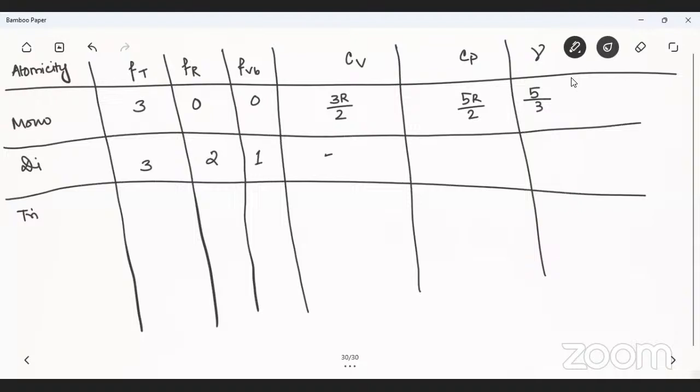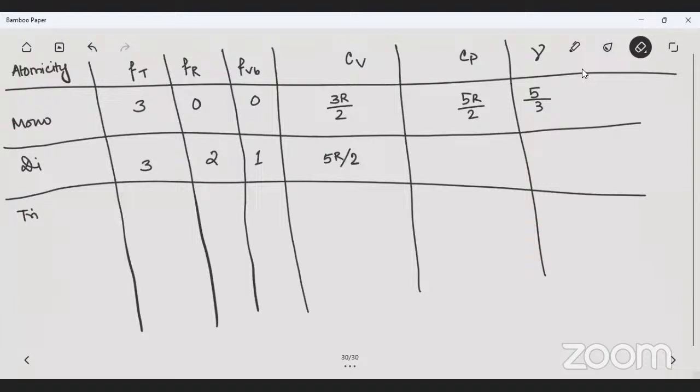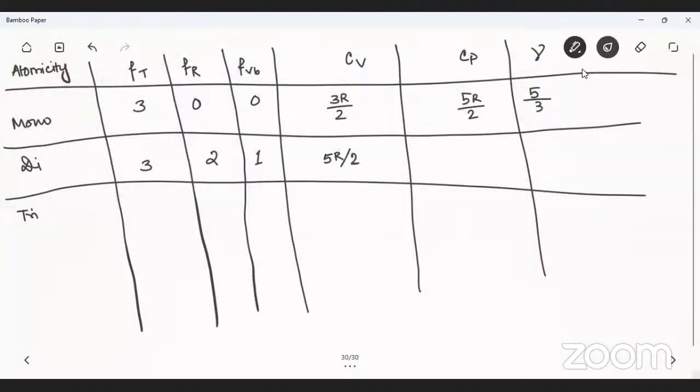Here it will be 5R by 2, sorry, this will be 7R by 2, and here it will be 7 by 5.